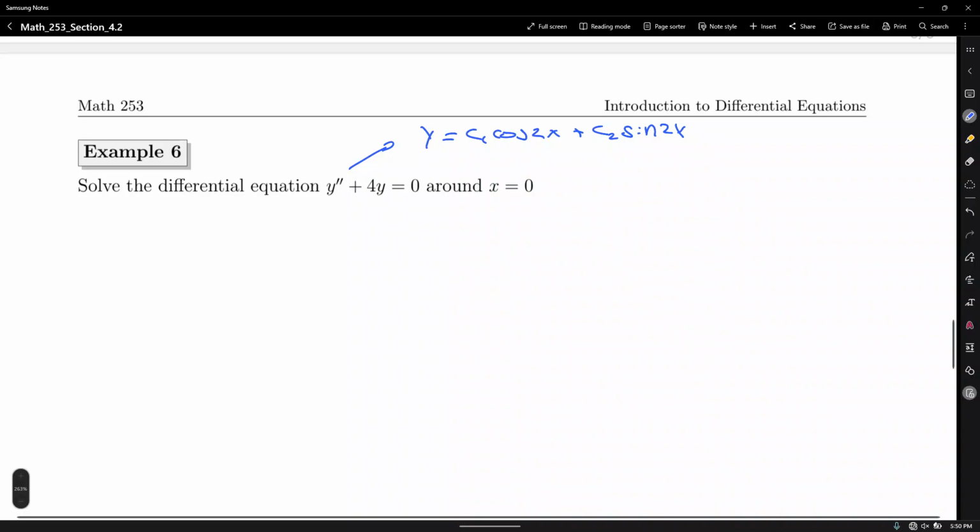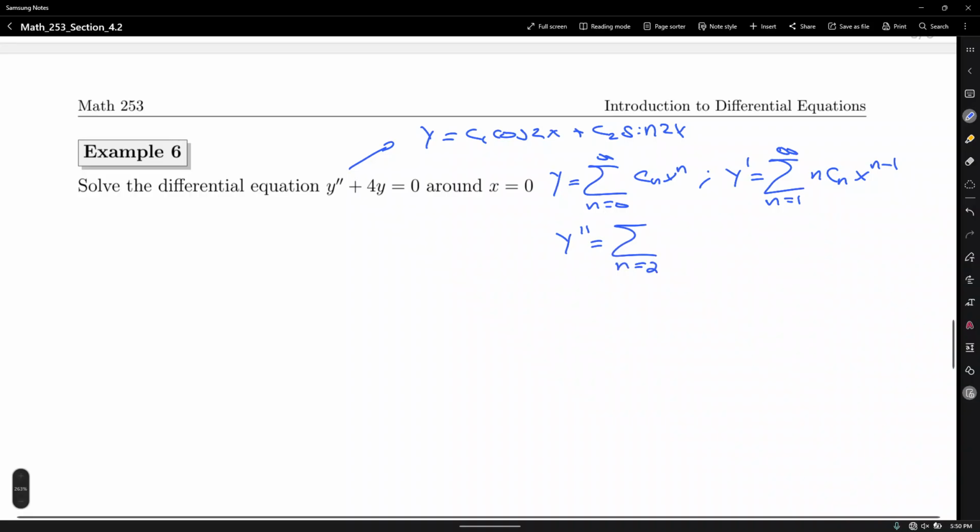So we're going to set y equals sigma n equals 0 to infinity of c sub n x to the n. The derivative y prime will be sigma n equals 1 to infinity of n c sub n x to the n minus 1. But this time we need the second derivative, that is y double prime, sigma n equals 2.